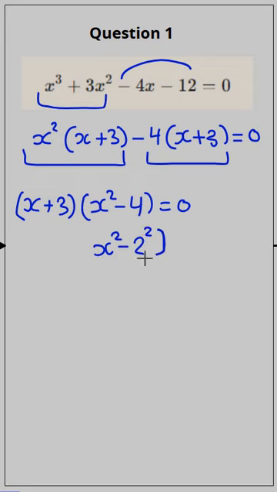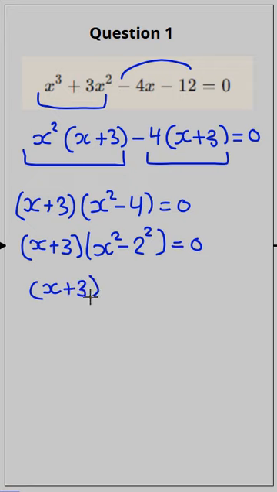We make both of them a square because 4 is equal to 2 squared. And here we have x plus 3. Then what will we do? It equals 0. We will take this one as x plus 3, and then we will factorize x squared minus 2 squared.